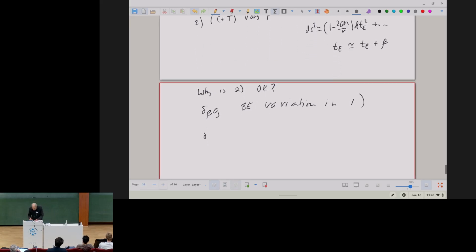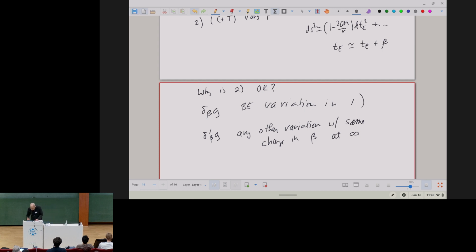And let delta prime beta of g be any other variation with the same change in beta. And beta is a parameter in the metric at infinity, right? Sorry, let me tell you to interpret that beta that way.